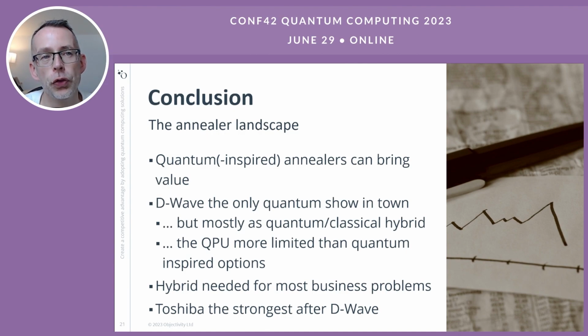The QPU performs well as well, and you can tune it, and you can use all sort of tricks to get it to bring value, but it has strong competition from the quantum inspired annealers out there that also perform well and don't have the connectivity problems, and therefore don't have the problems embedding the topology of your problem onto the topology of the QPU, of the quantum processor hardware.